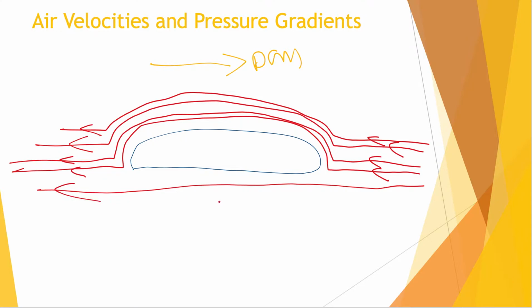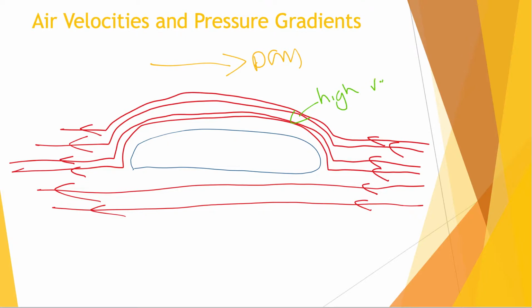And on the underside of this projectile, the lines are much further away. So I need to make sure I make clear what I mean by this. So here I've got now high velocity air, because it's being forced the long way around, and here I've got low velocity air because it's being allowed to go the short distance.